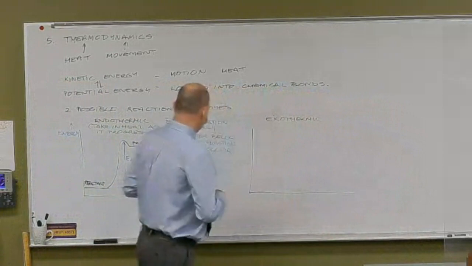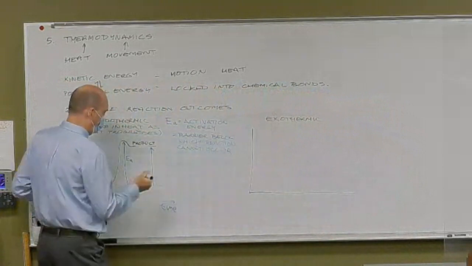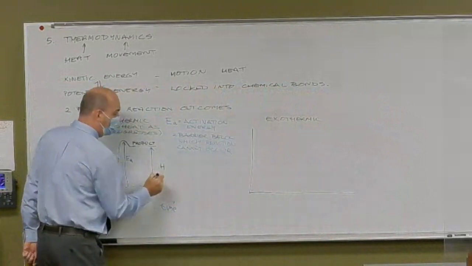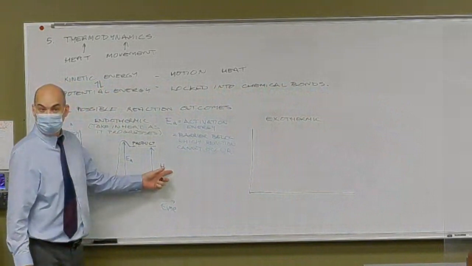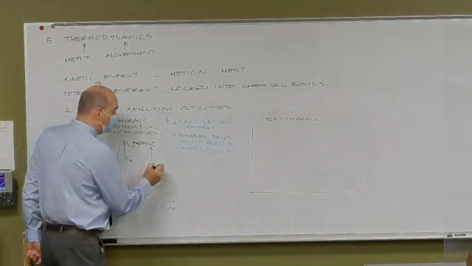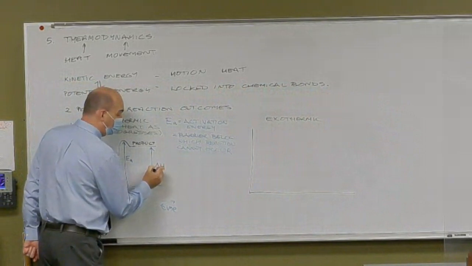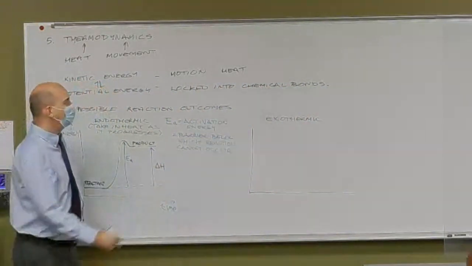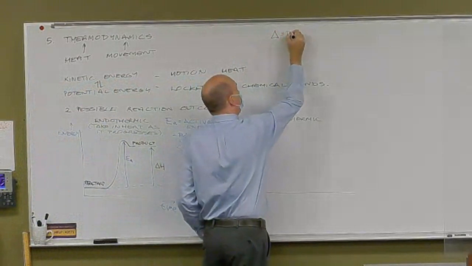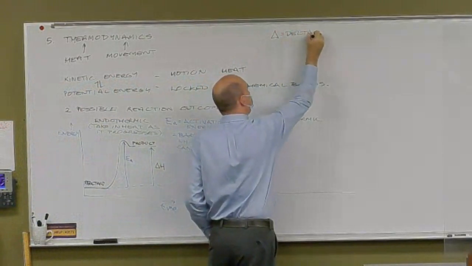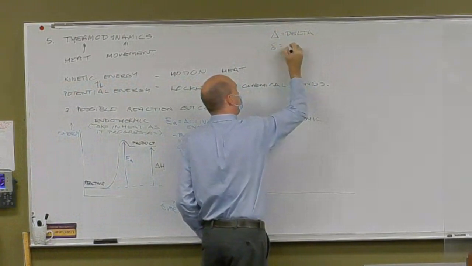This second value is the change in heat. Our symbol for heat is going to be an H, and it's the change. And changes in science are represented by the symbol delta.